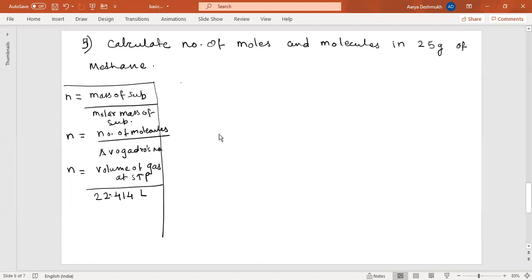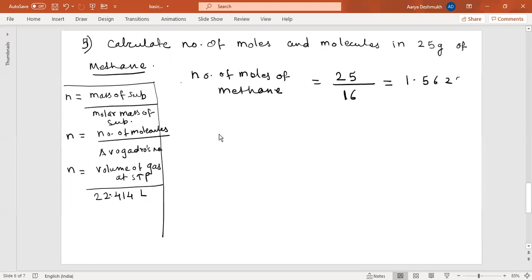So N, the number of moles of methane, is equal to 25 divided by 16. Why do I use this 16? 16 is nothing but the molar mass of methane, which gives 1.5625.